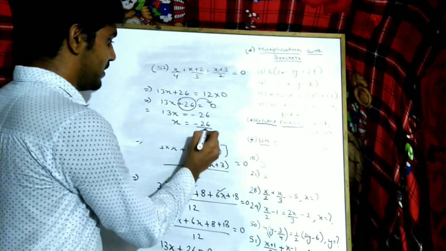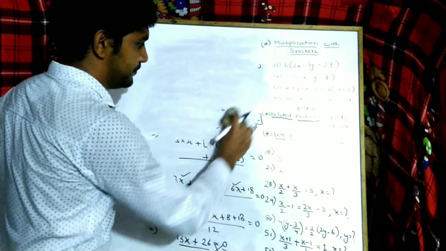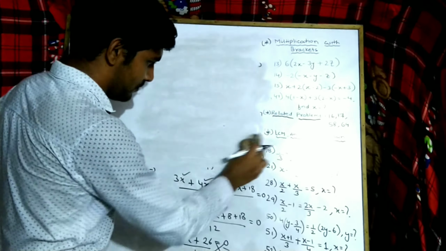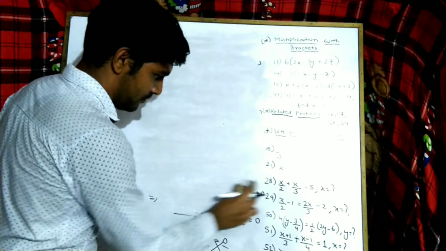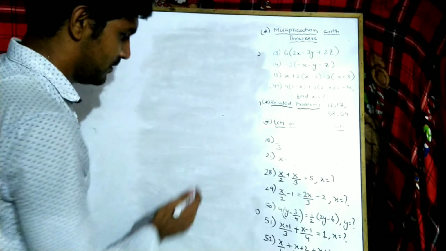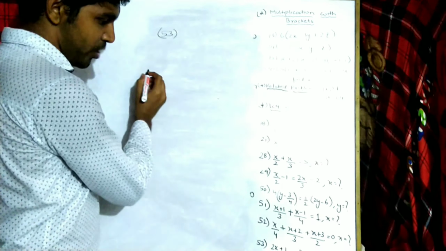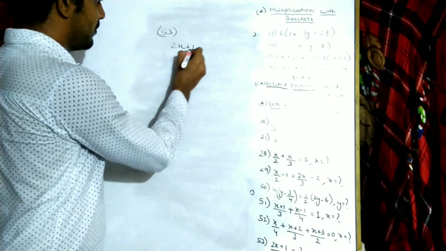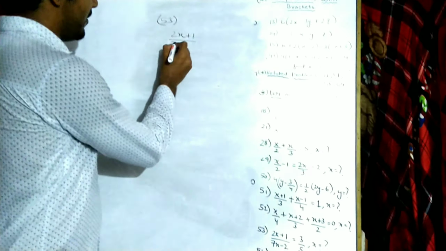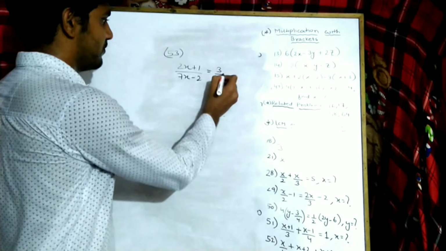Clear everyone? Now let's go for the 53 problem. Very simple. 2x plus 1 by 7x minus 2 is equal to 3 by 5.